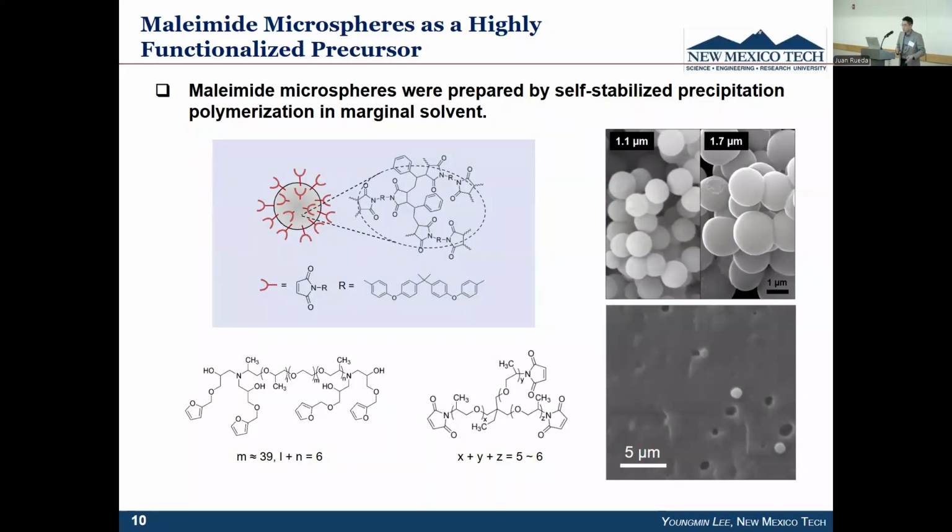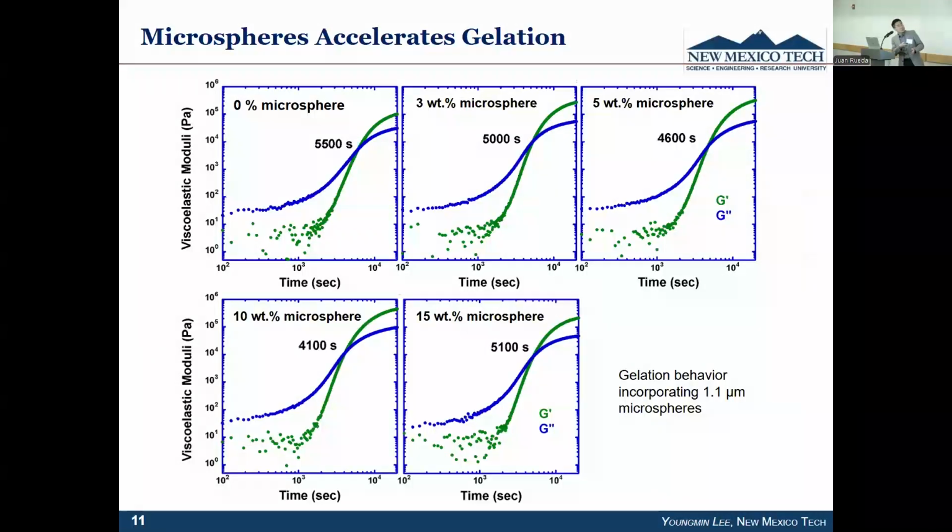And then we do the same kinetic gelation study. Okay? And we can see that by adding this microsphere, their gelation time decreases, but when we add beyond a certain level, the gelation time gets greater. So we thought that is due to the formation of aggregation. They cannot effectively participate in the network structure.